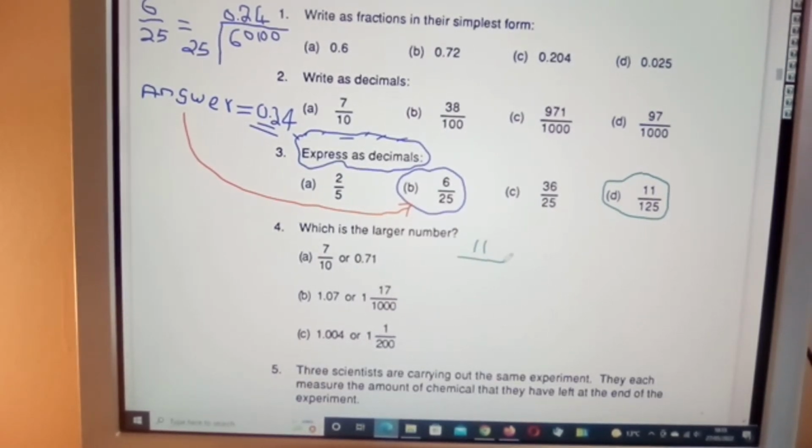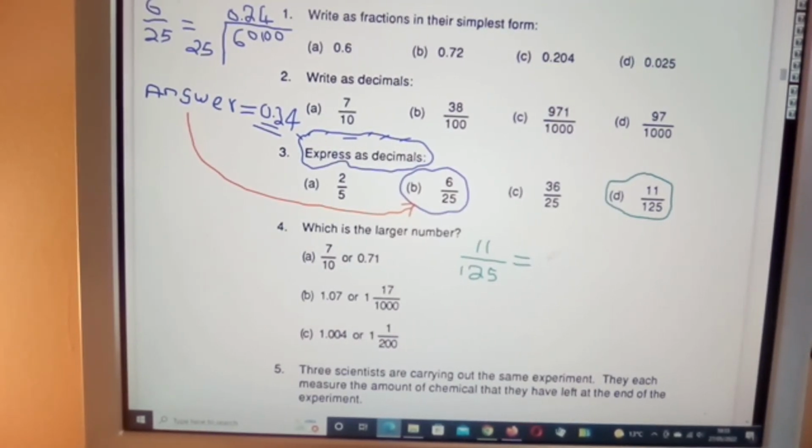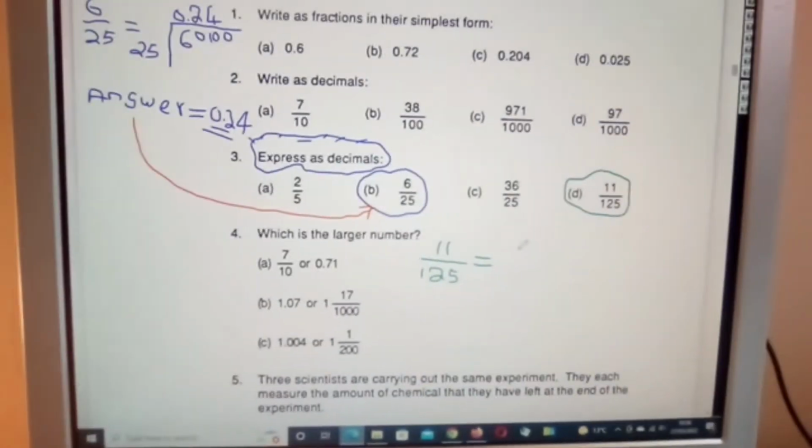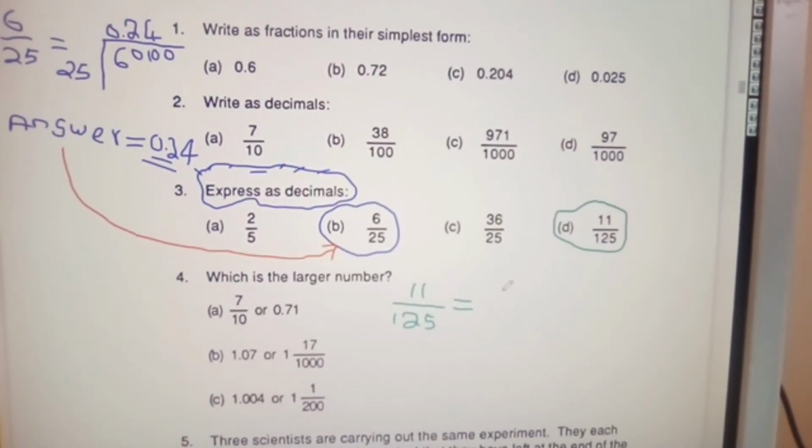It is ever so fundamental, okay? 11/1/25th, okay? equals what? So let's get the bracket in place, and we put the bracket up again.